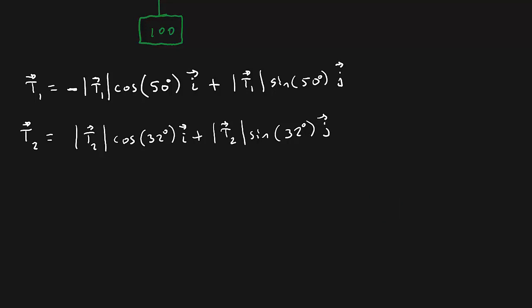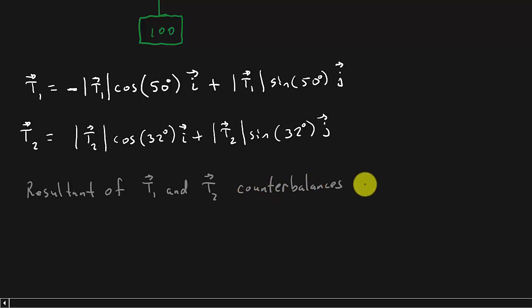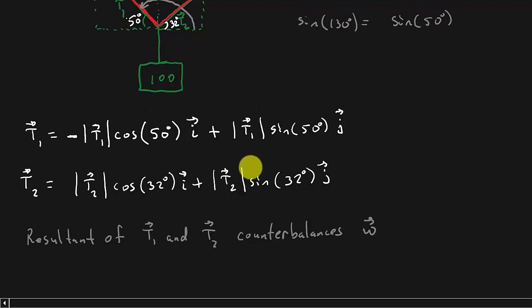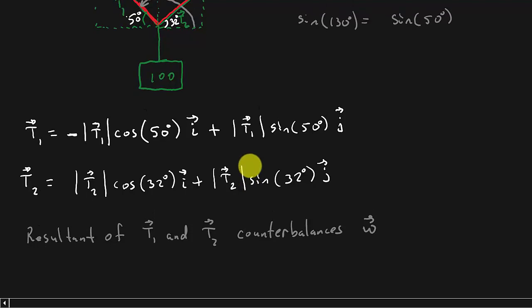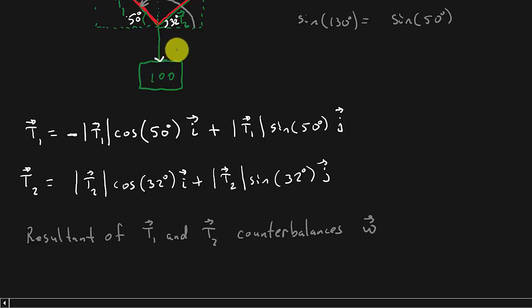So we have the resultant of vector T1 and vector T2 counterbalances, and we'll call this vector here vector W.